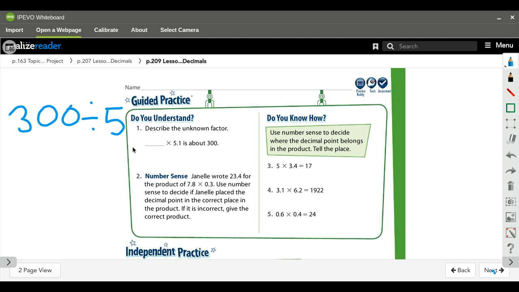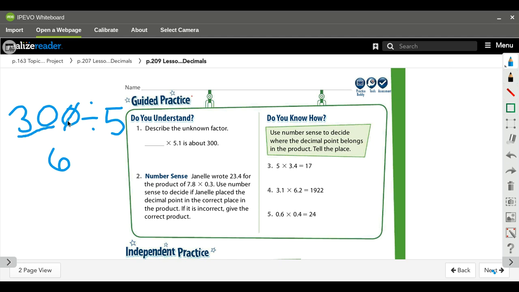And when I do 300 divided by 5, I'm just going to look at the first two values. That's a value that I know. So I'm going to use that multiple of 10 rule. So when I look at 30 and I do 30 divided by 5, well, I know what that's going to be. That's going to be 6. And then that multiple of 10 rule says that 0 that I took off, well, I have to do something with it.